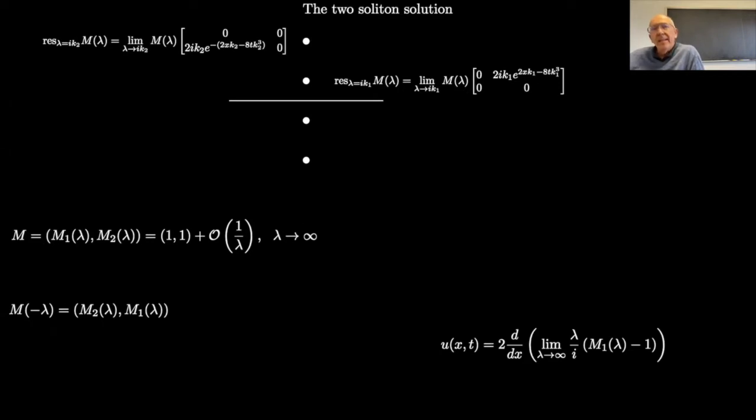And then the last thing is the residues, they're called residue conditions. So the residue at iK2 of M is obtained by computing this limit. The residue at iK1 of M is obtained by computing this limit. There are similar residue conditions in the lower half plane. Okay, so that's a problem in complex variables, and you can find the solution explicitly.